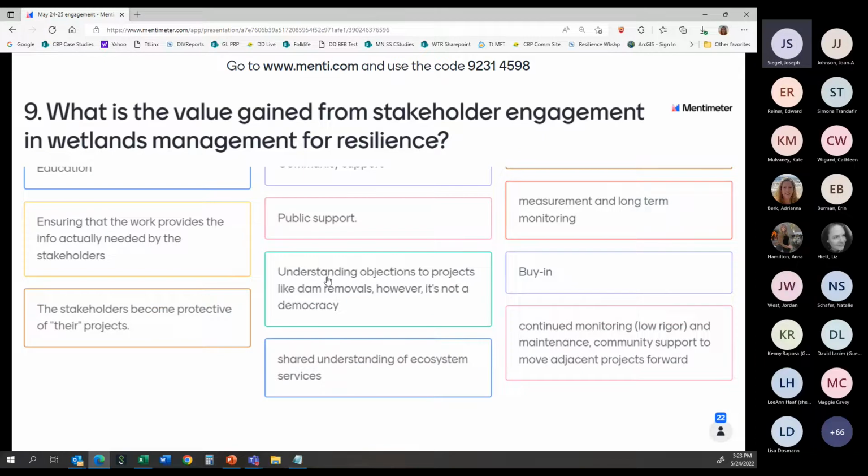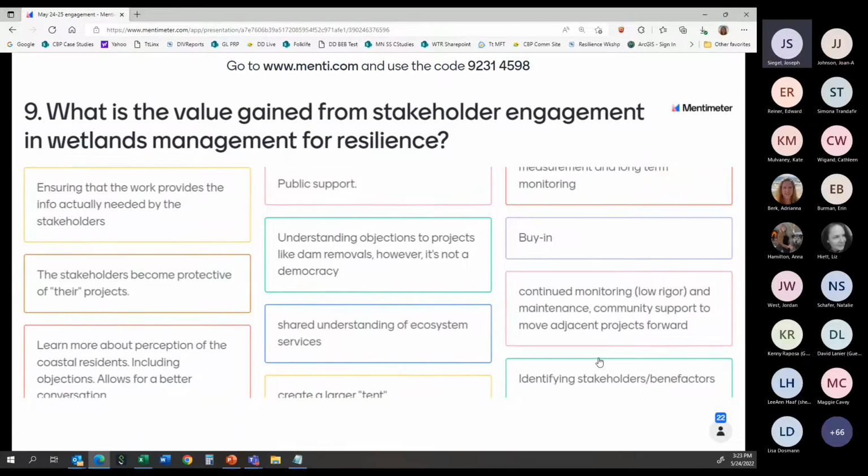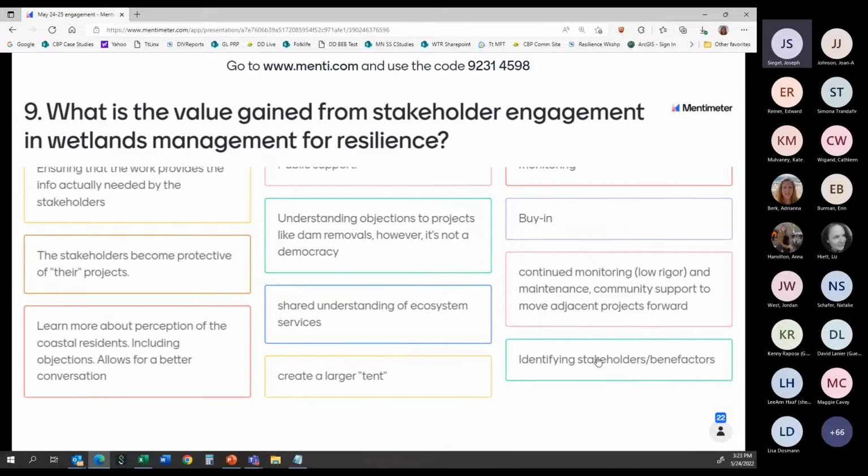The stakeholders become protective of their projects. It becomes theirs. Understanding objections to projects, for example, dam removals. However, it's not a democracy. Shared understanding of ecosystem services, continued monitoring, low rigor and maintenance, community support to move adjacent projects forward.